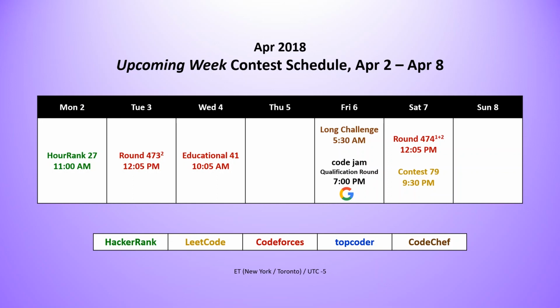So from now on, I'll be adding that. On Wednesday, from Codeforces as well, we also have Educational 41. We've got a 10-day long, I believe, CodeChef challenge starting on Friday called the Long Challenge. We've got the Google Code Jam tournament starting on Friday night as well. Saturday morning, we have Codeforces round 474 for both Division 1 and 2. And of course, finishing off the week, we have the weekly LeetCode Contest 79.